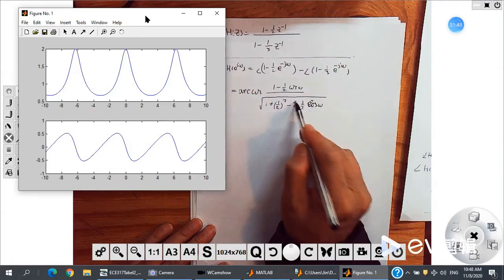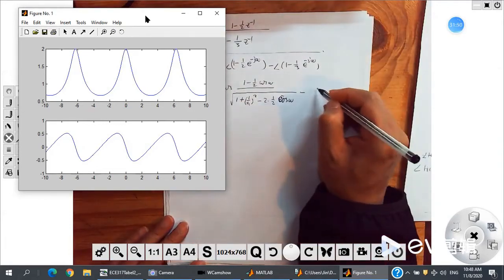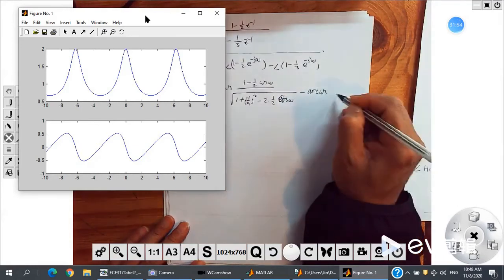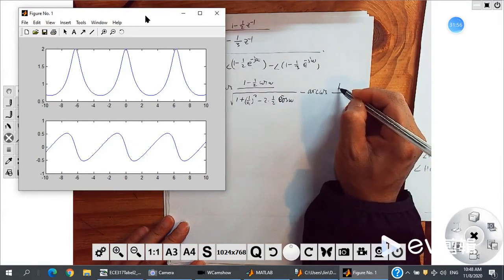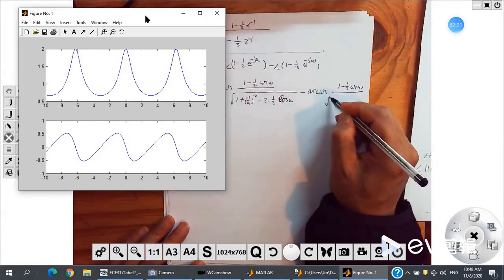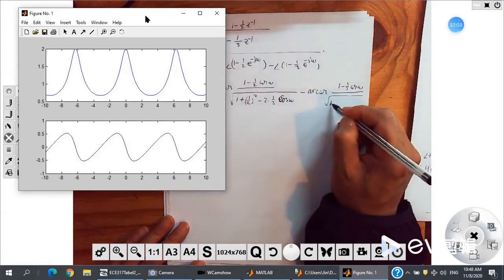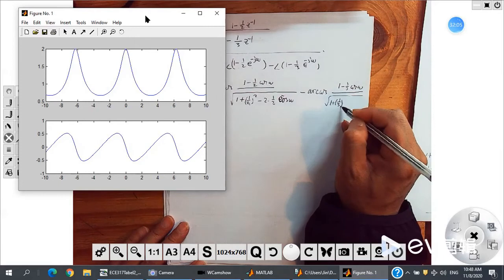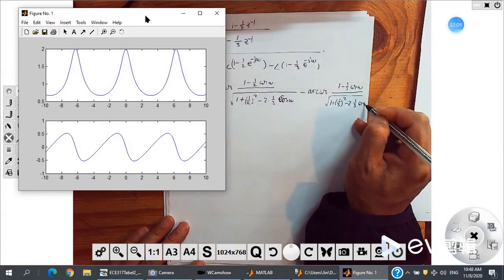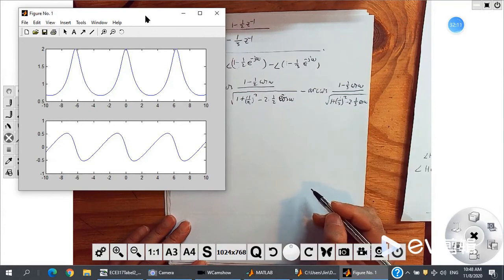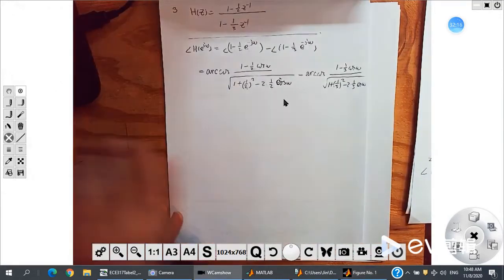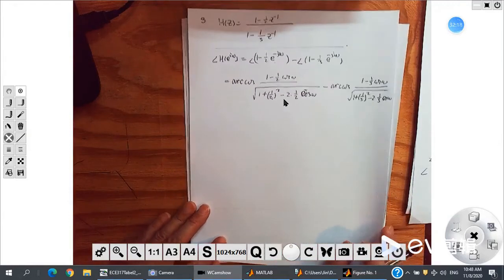And that one is minus arc cosine, where the numerator is now 1 minus 1/3 cosine omega, and here the square root of 1 plus 1/3 squared, minus 2 times 1/3 cosine omega. The formula will look like this.